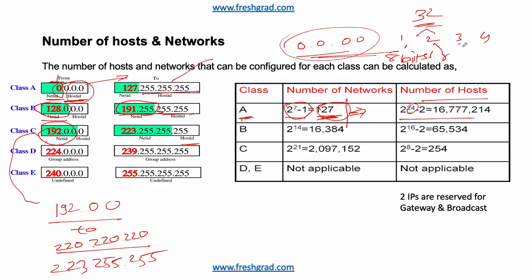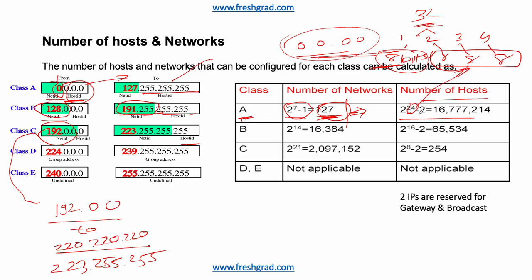This one has 8, this one has 8, this one has 8. So our first octet is the network ID, and the last octets are the host ID. When you sum these three, 8 plus 8 plus 8, that becomes your 24.